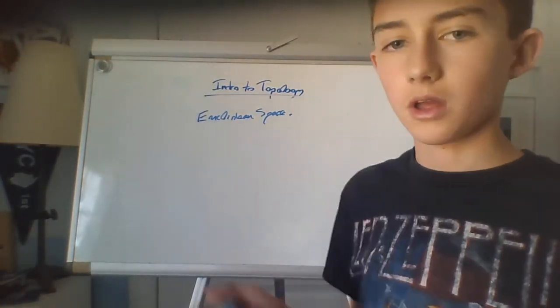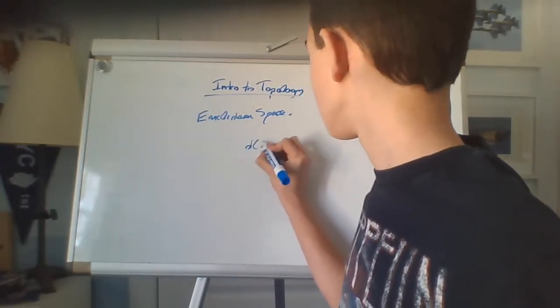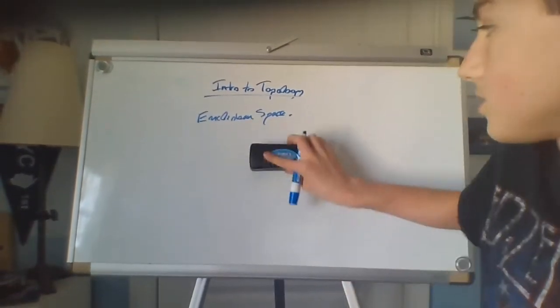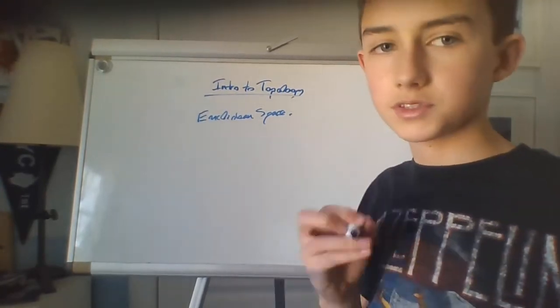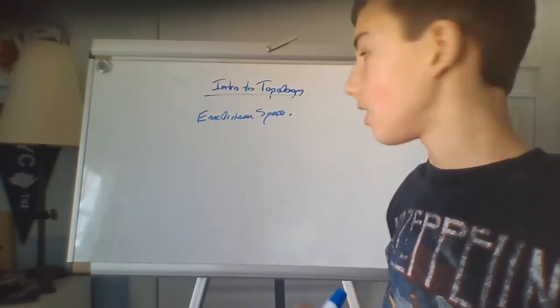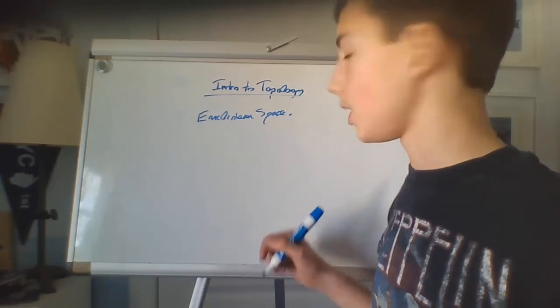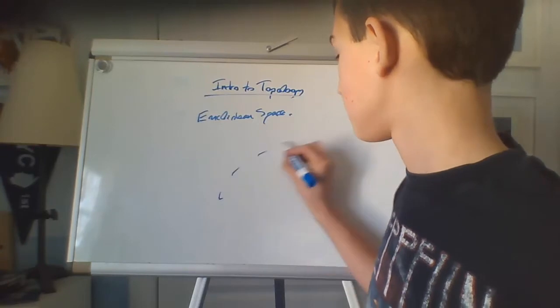So it's got what we call the Euclidean topology induced by the Euclidean metric. So it turns out, as you may know, that every open set in Euclidean space can be written as the union of balls.